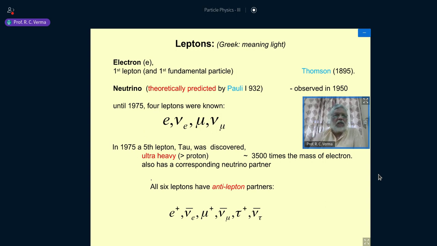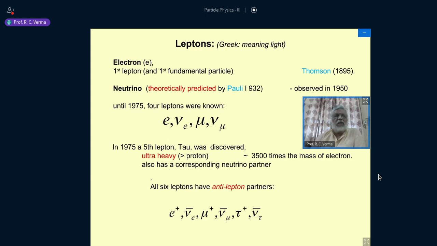Here, e and mu are charged particles, whereas neutrinos are neutral. Then in 1975, a fifth lepton was observed, which is named tau, and its mass is 3,500 times the mass of the electron. So roughly twice the mass of the proton. So this is how this electron, meaning light, cannot be held seriously today.